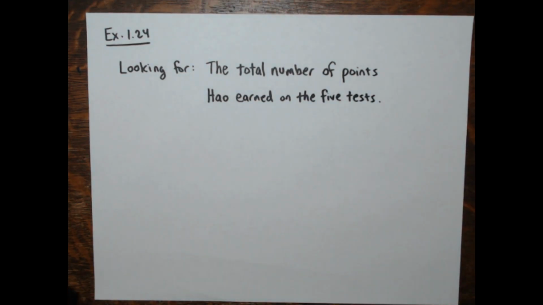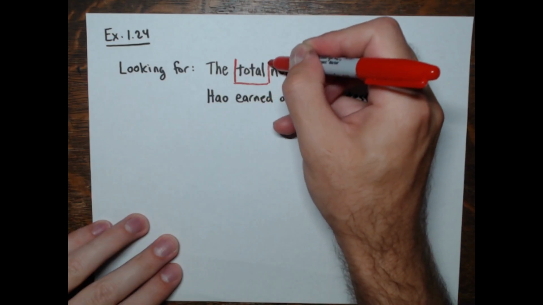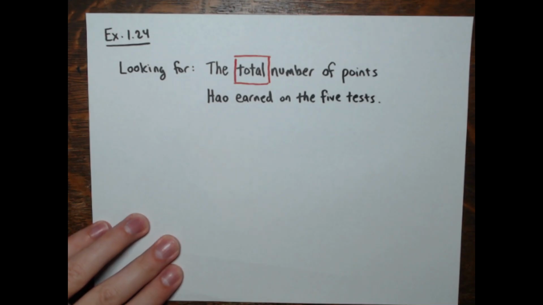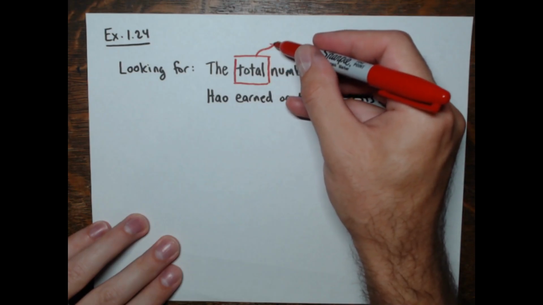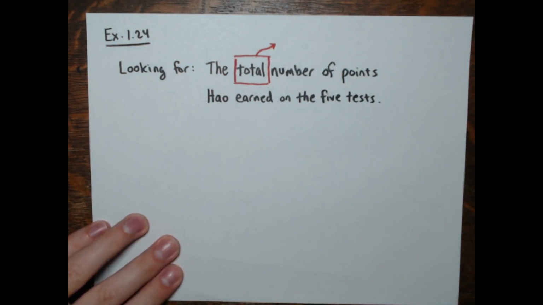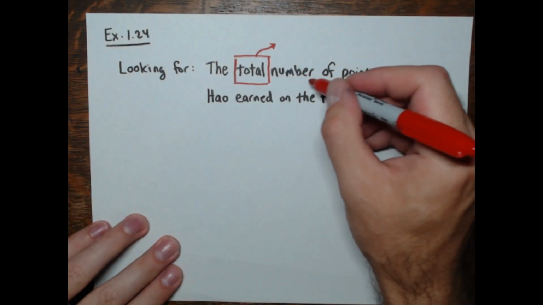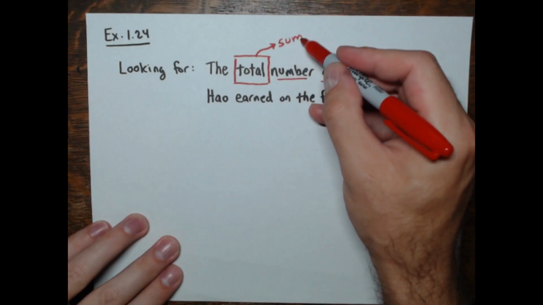Okay. The key word here is total, all right? You may recall from the previous video when we were translating phrases to math, typically when you see the word total or total of, total number of, that meant you were taking a sum, right?